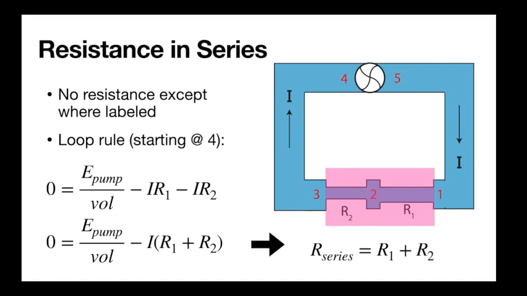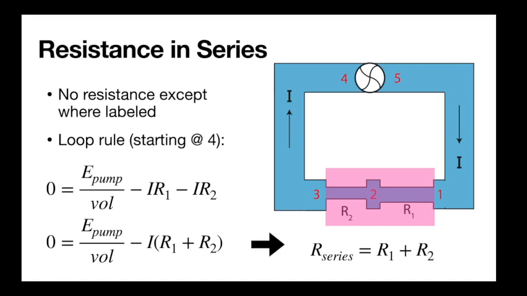So the goal here, when I say R series, is to combine these into a single resistor, or an effective resistance, or equivalent resistance, are terms you might see. We want to know the behavior of the circuit. We don't care about all the intricacies of each different part. We just want to know what the total current is in the circuit.